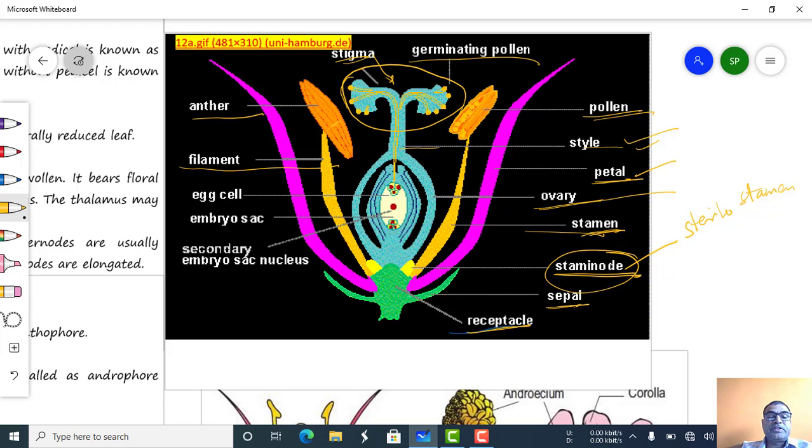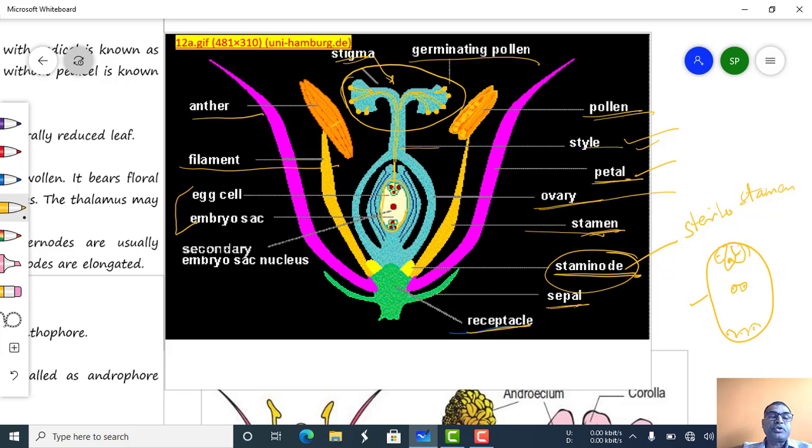Then this is the egg cell in the embryo sac. This whole structure is the embryo sac, and it consists of the egg apparatus with two synergid cells and the central egg cell, two polar nuclei or secondary nuclei, and three basal antipodal cells.